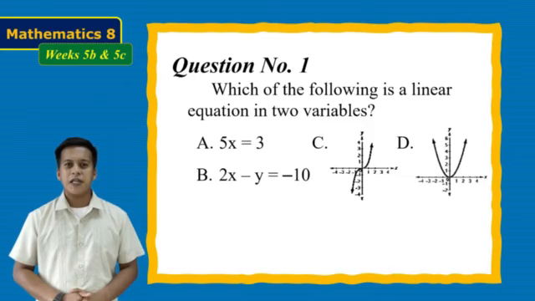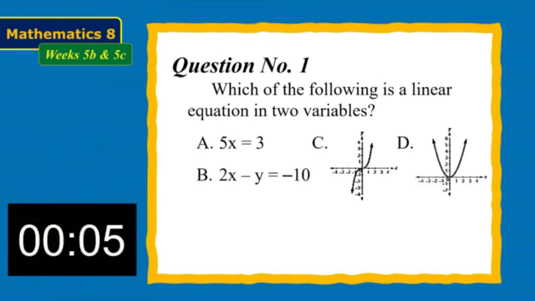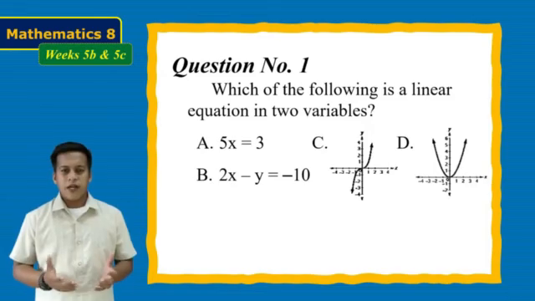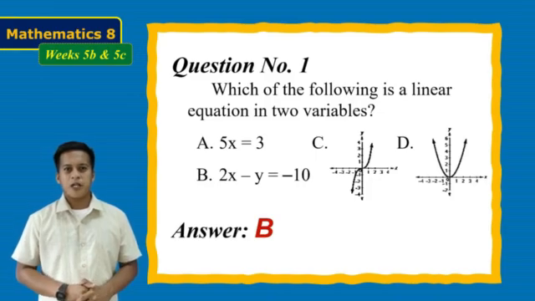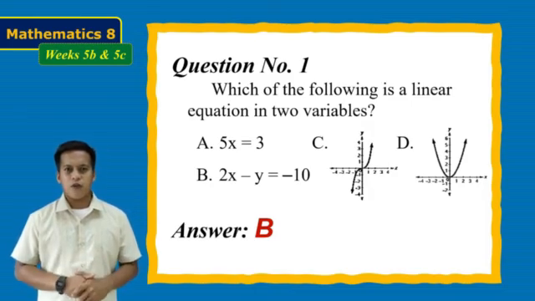And letter D, a graph which is a parabola. Your time starts now. The answer is B, 2x minus y equals negative 10, because there are 2 variables and the degree is 1.